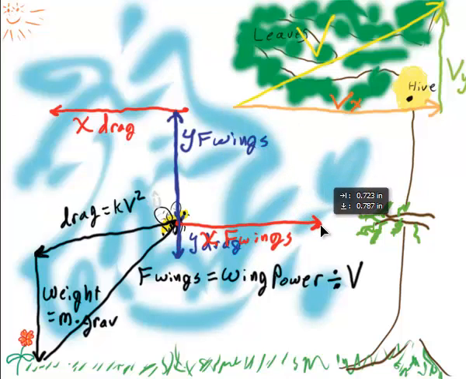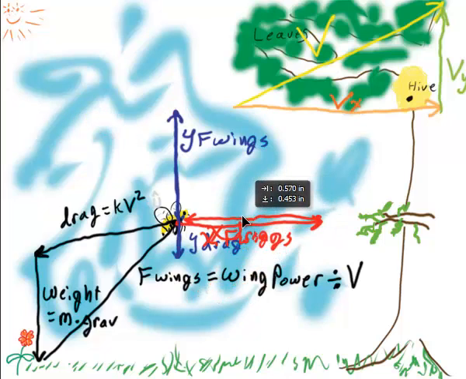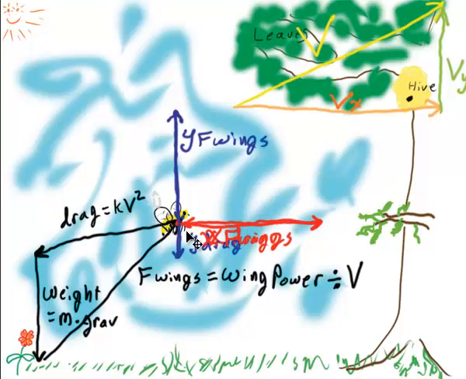Since the weight doesn't go to the right or to the left, for the X component part, we still are exactly where we are. And finally, the X component of the drag, and that gets us right back to 0. A slightly different path.